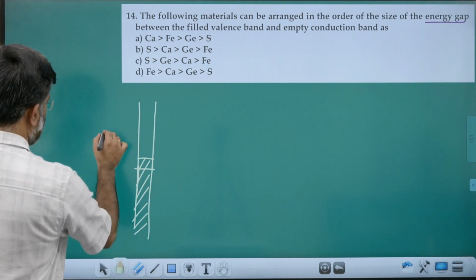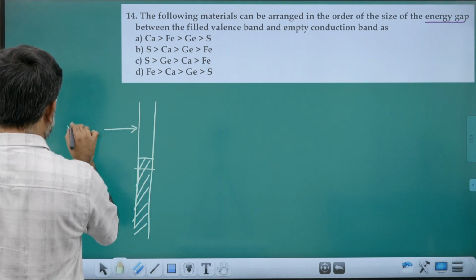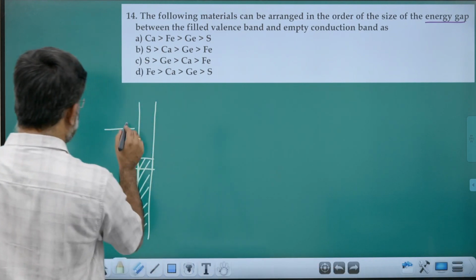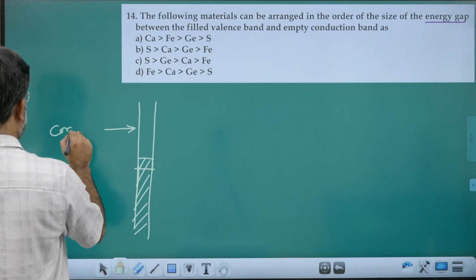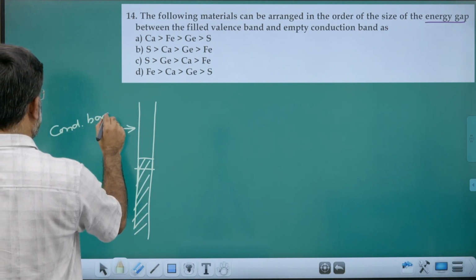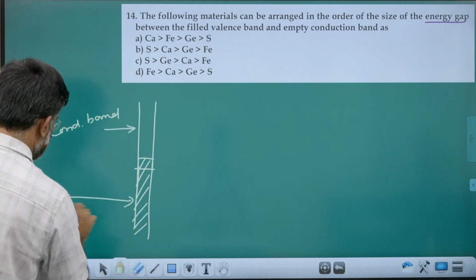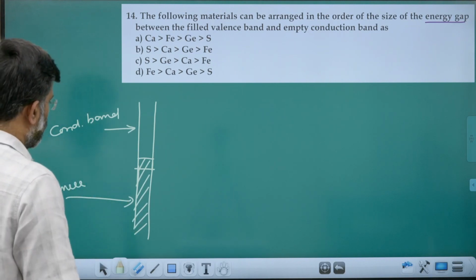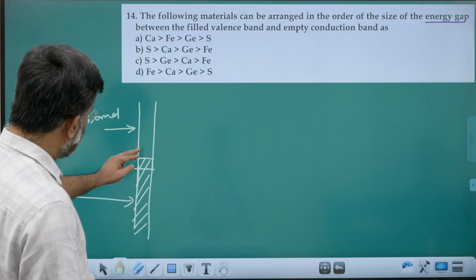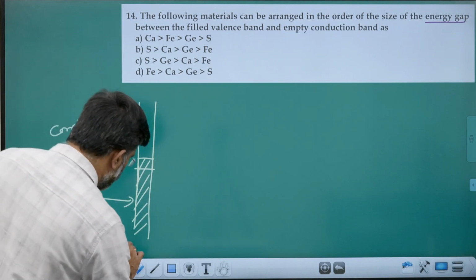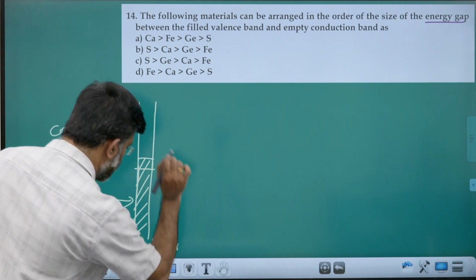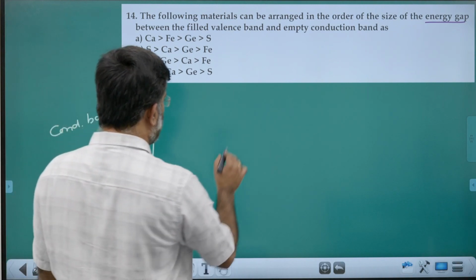This is how it comes for conductors. This is conduction band and this is valence band. So valence band and conduction band will be overlapping somewhat for conductors. That's why they are excellent conductors of electricity.